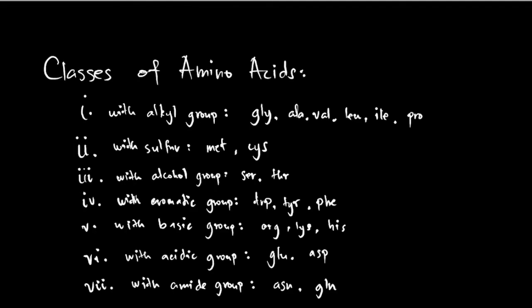So we have seven classes based on the side chain na meron sila: those amino acids with alkyl group, with sulfur, with alcohol group, with aromatic group, with basic group, with acidic group, and amide group, which we already talked about on the conversion of our amines to amides.